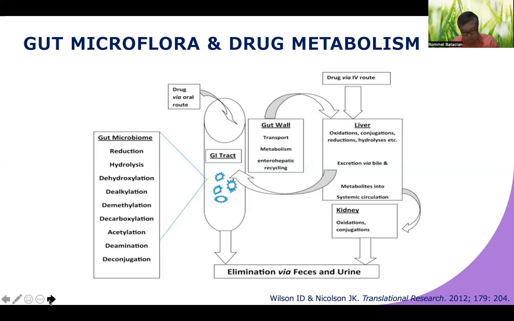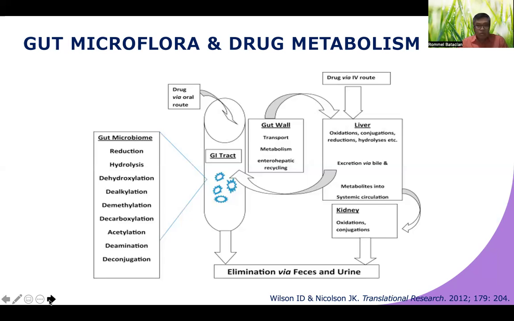Some bacteria would activate prodrugs, converting them into their active form. They can also detoxify, meaning they reduce the toxicity of the drugs because of the action of the bacteria. And then the metabolic activity of the gut microflora can influence drug-drug interactions by altering the drug concentrations in the body. So what are some drugs affected by the gut microflora?